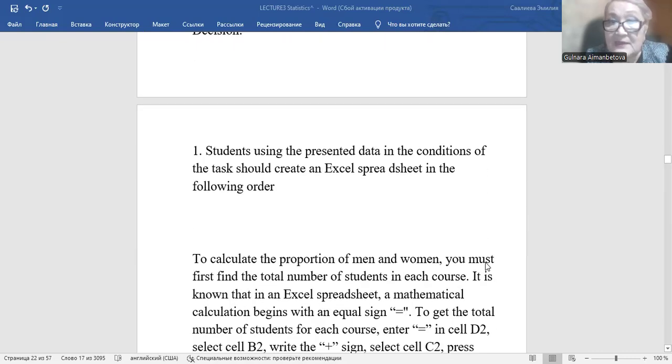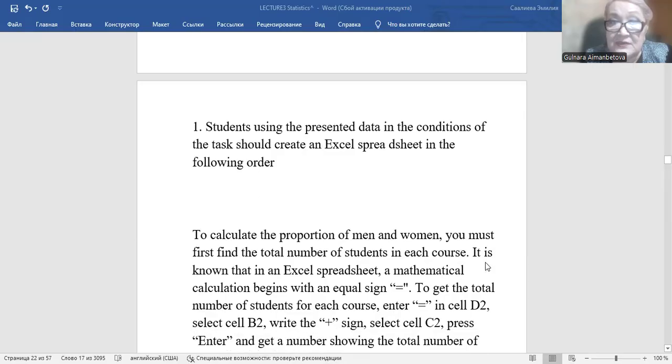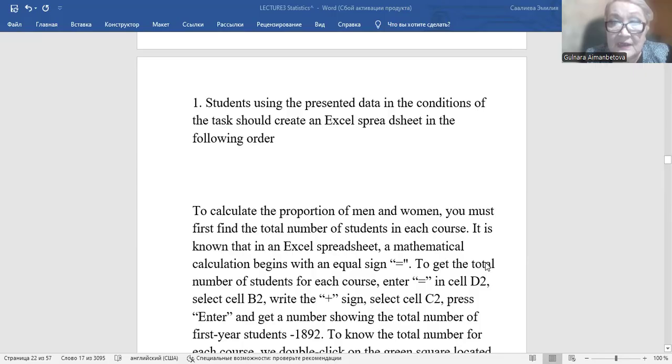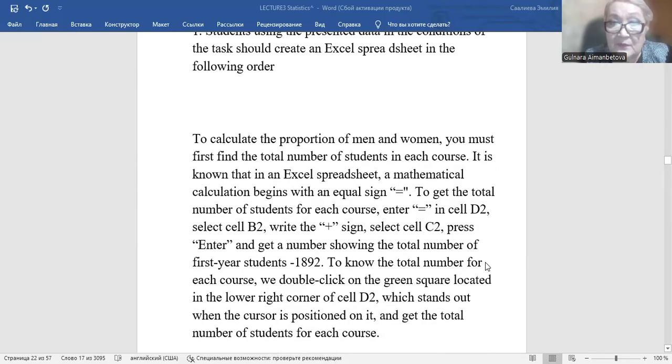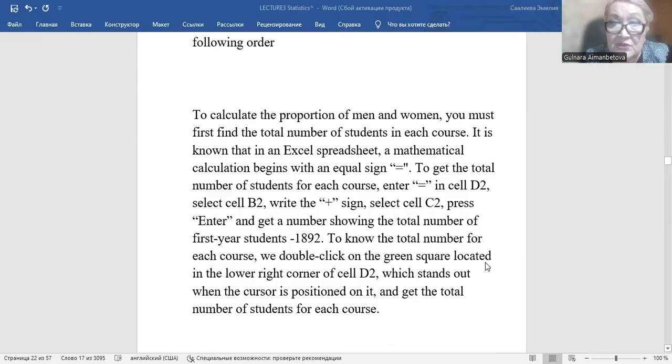Decision: using the presented data in the conditions of the task, we should create an Excel spreadsheet in the following order. To calculate the proportion of men and women, you must first find the total number of students in each course. It is known that in an Excel spreadsheet, a mathematical calculation begins with the equal sign.